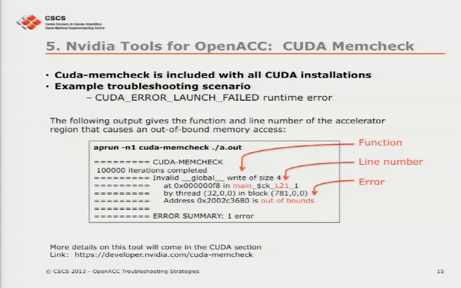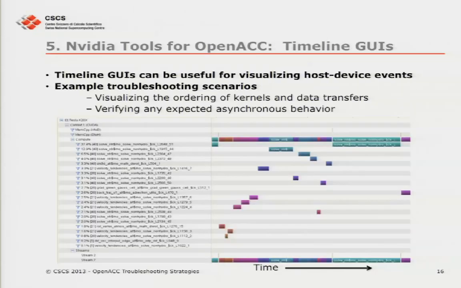Similar to what you can get from Memcheck on the host, you can get on the device as well. Information about maybe where you got a seg fault in your device code, and it gives you information about the line number, the specific error. Maybe we'll hear some more tomorrow about it.